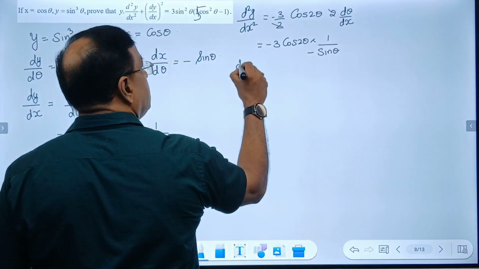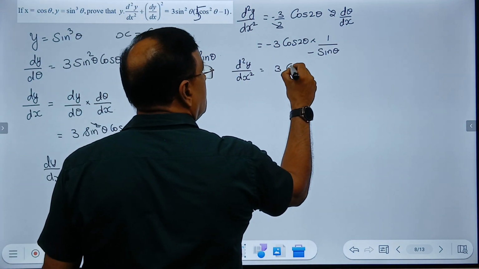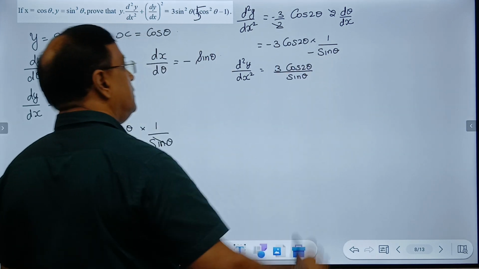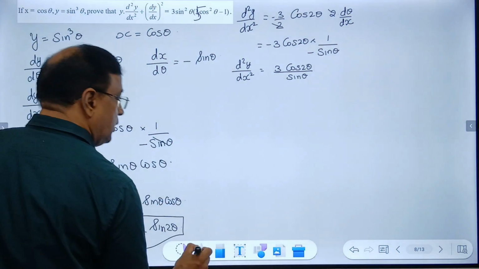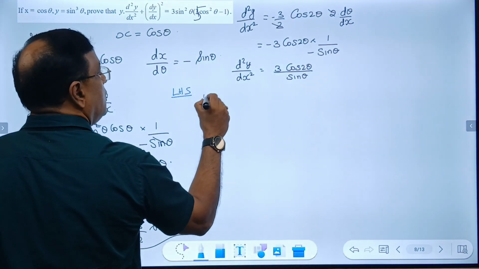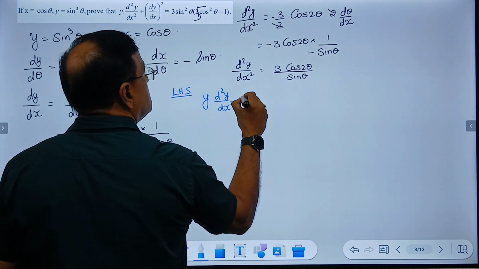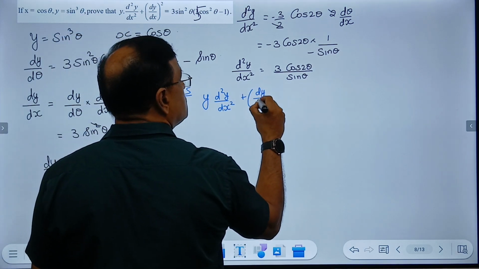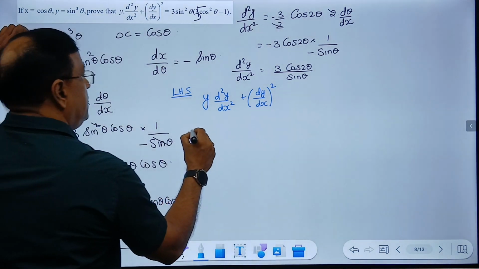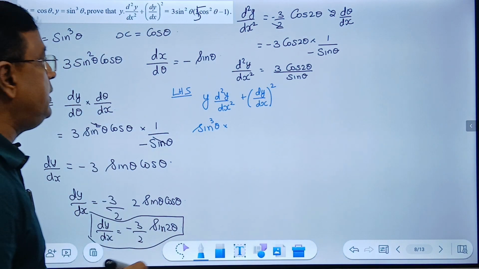So what is my second derivative? d square y by dx square will be 3 cos 2 theta by sine theta. That's job done. Now I take the left hand side of what I want to prove: y into d square y by dx square plus dy by dx the whole square. Now y, what is y? y is sine cube theta into, what is d square y by dx square?